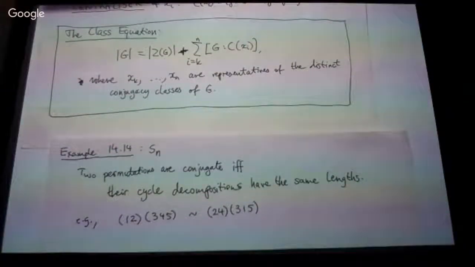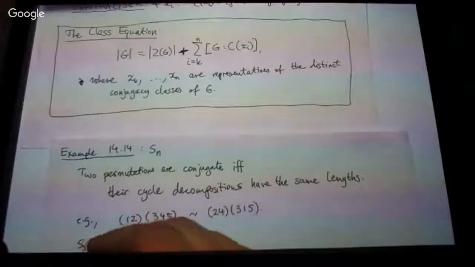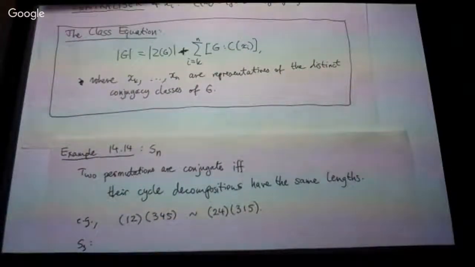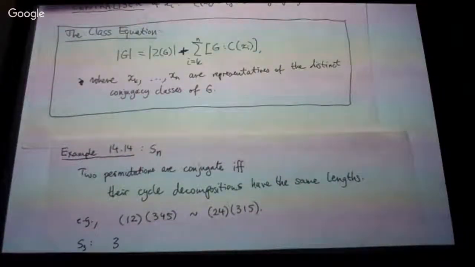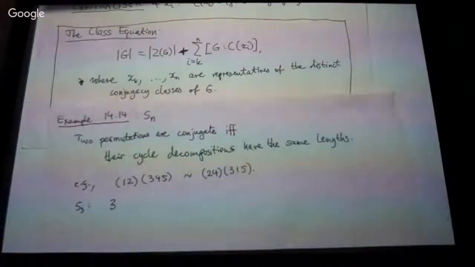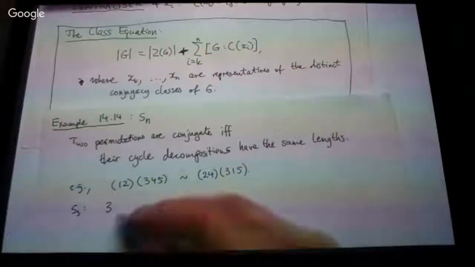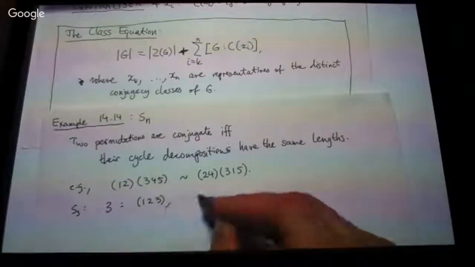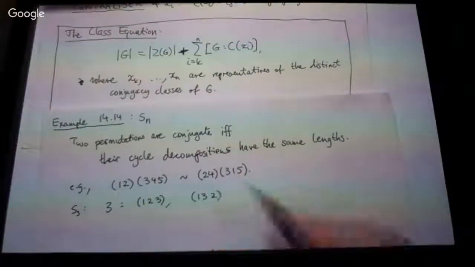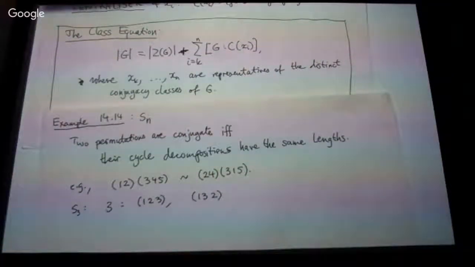So when you look at S3, for example, what are the conjugacy classes? Well, there's one where these are all cycles of length 3. So you get (1 2 3) and (1 3 2).